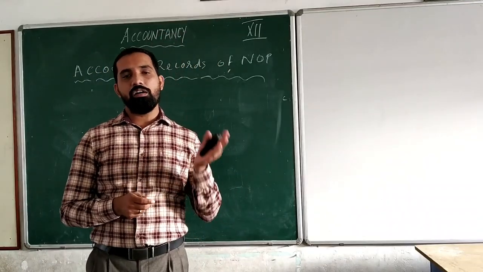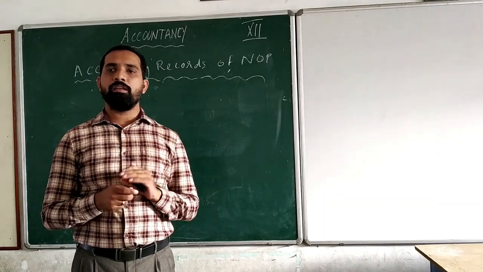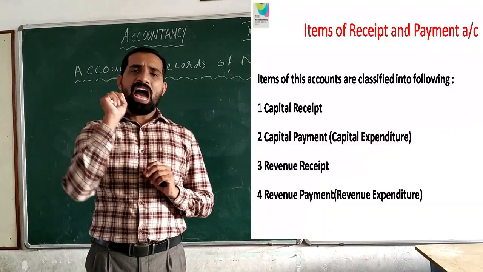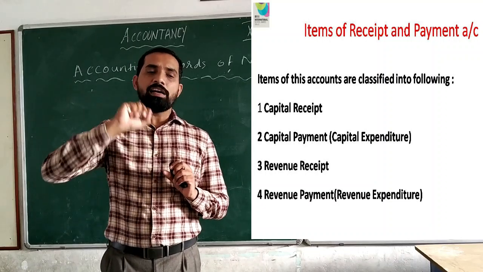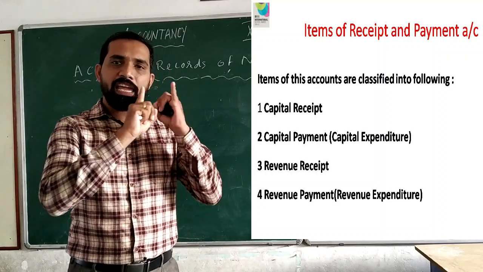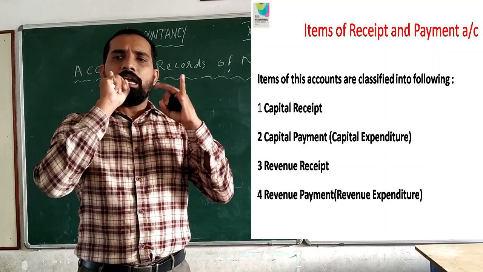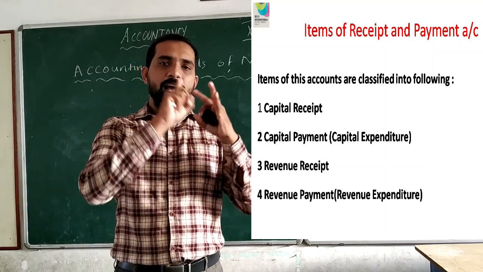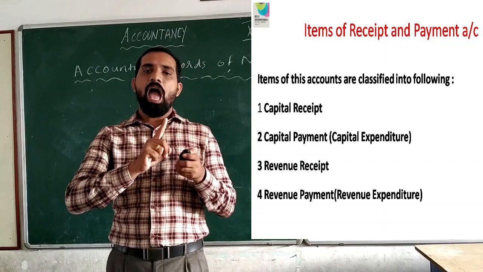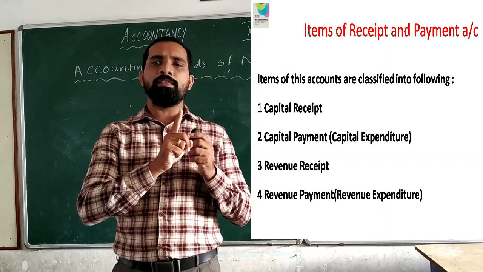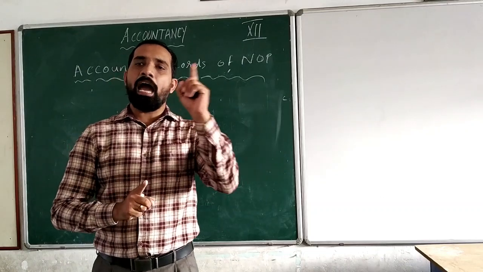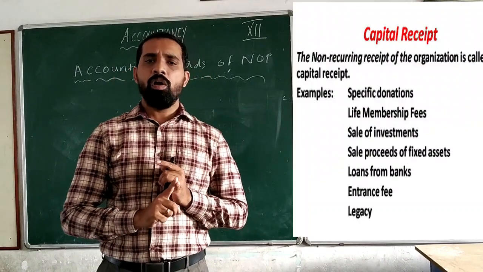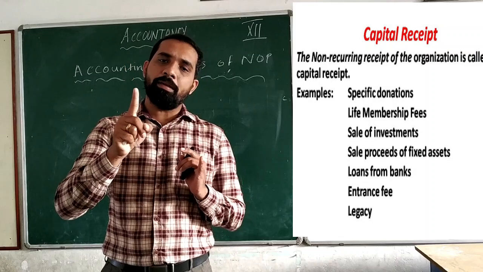Items of receipts and payments account. Items of this account are classified into capital receipts, capital payments, revenue receipts, and revenue payments. In that, first point, capital receipt. What do you mean by capital receipt?